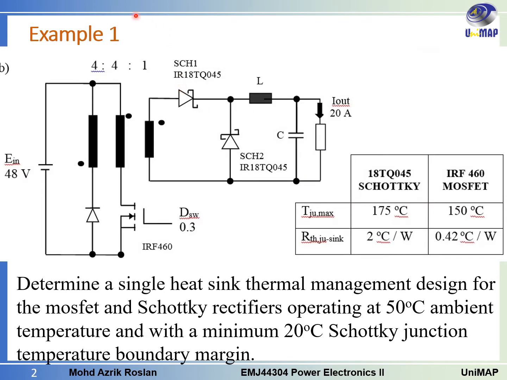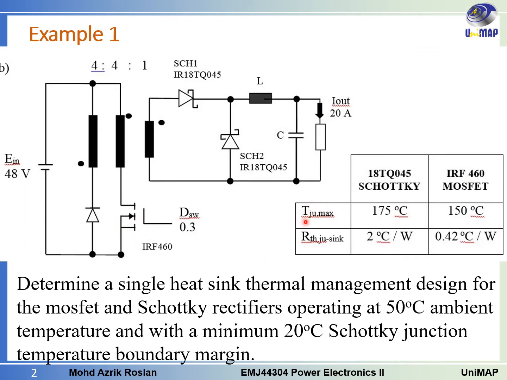Okay, this is the first example. In this example we are looking at the isolated forward converter circuit, and we are given several thermal parameters for the Schottky diode and also for the Mosfet. In this circuit we have two diodes here, and one Mosfet here.